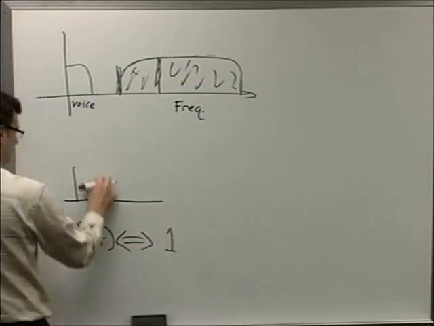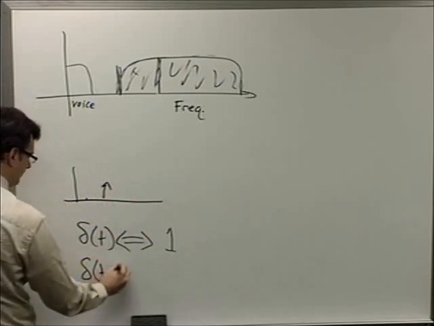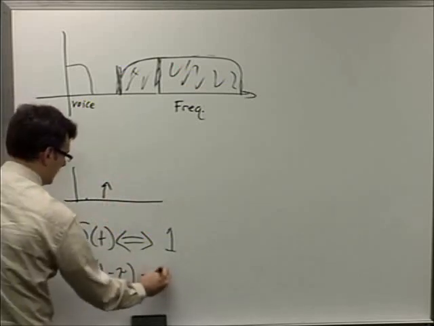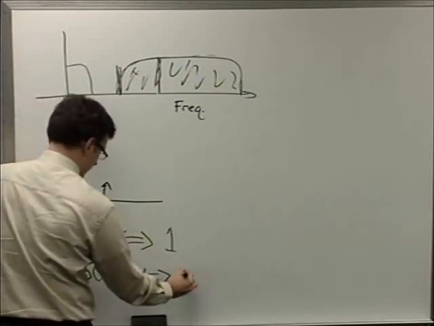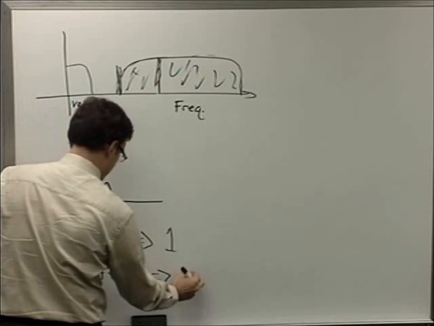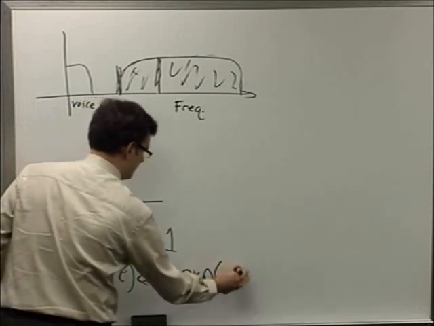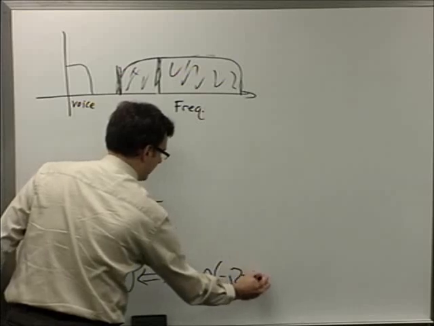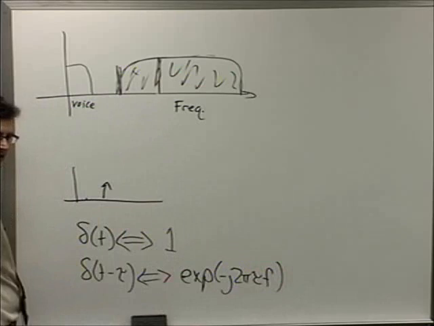In fact, you can shift it in time. You can make it have a delay. And the Fourier transform of that is what? It's basically exp to the minus j 2 pi tau f. Right?